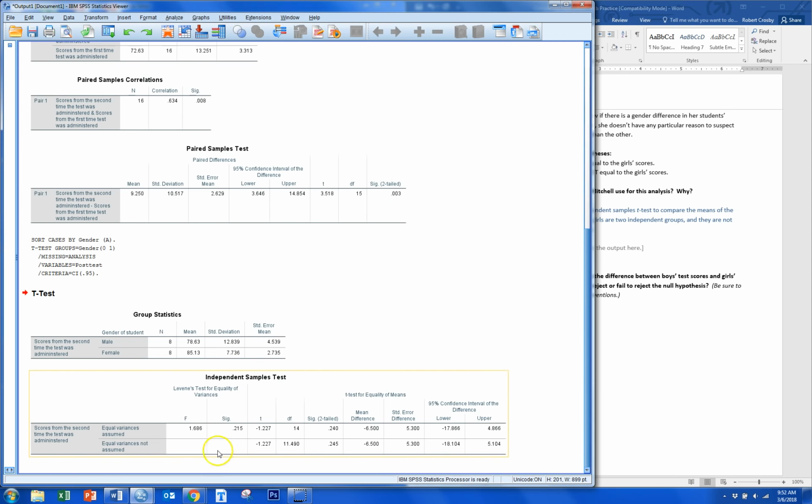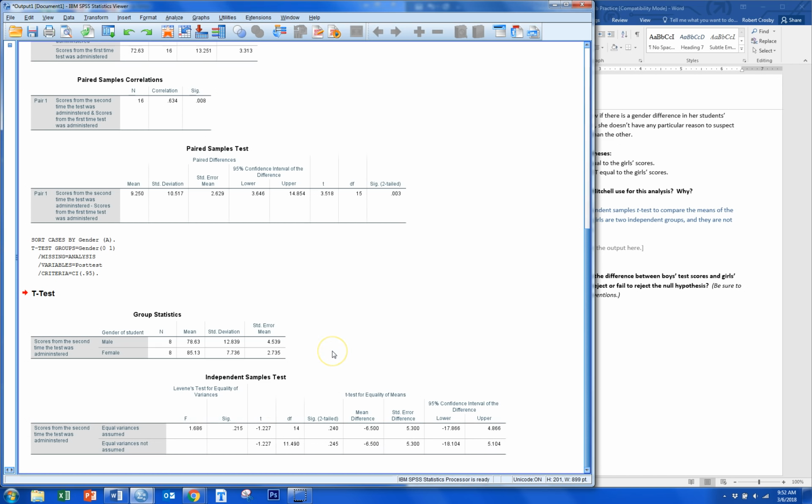So these first cells right here have to do with Levene's test. F of 1.6, significance level is 0.215. Because this is over 0.05, the two variances are not significantly different, so the assumption is supported. So we're going to use the first row, equal variances assumed, when interpreting our results.